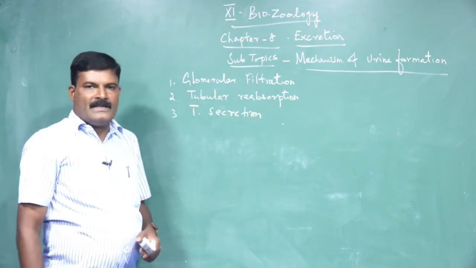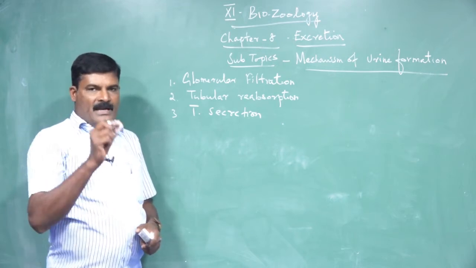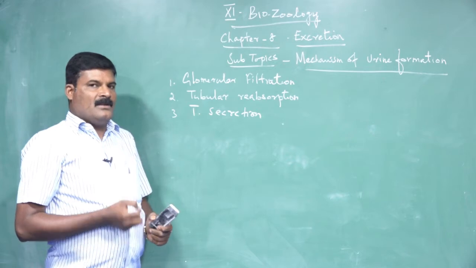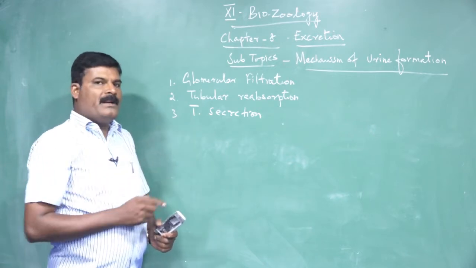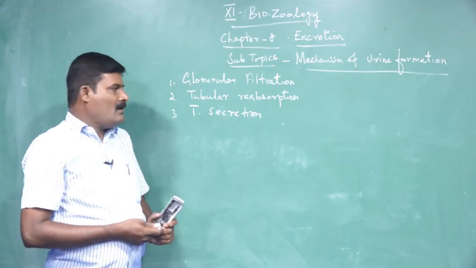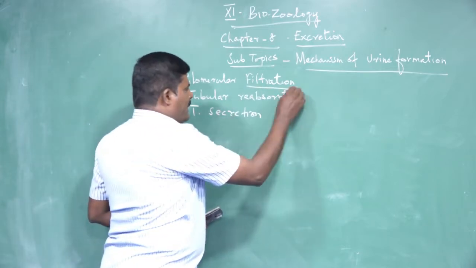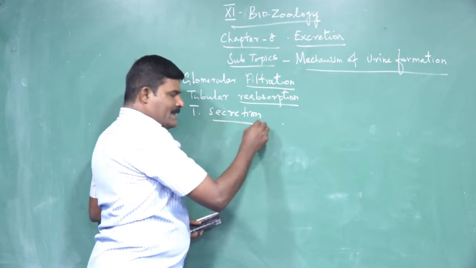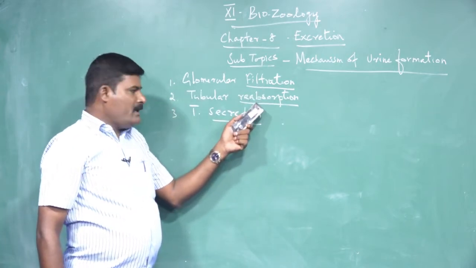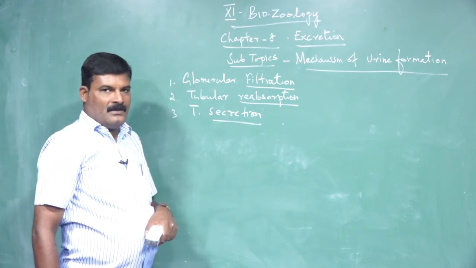Suppose the question is asked: how many processes are involved during urine formation? There are three: glomerular filtration, tubular reabsorption and tubular secretion. I repeat: filtration, reabsorption and secretion.